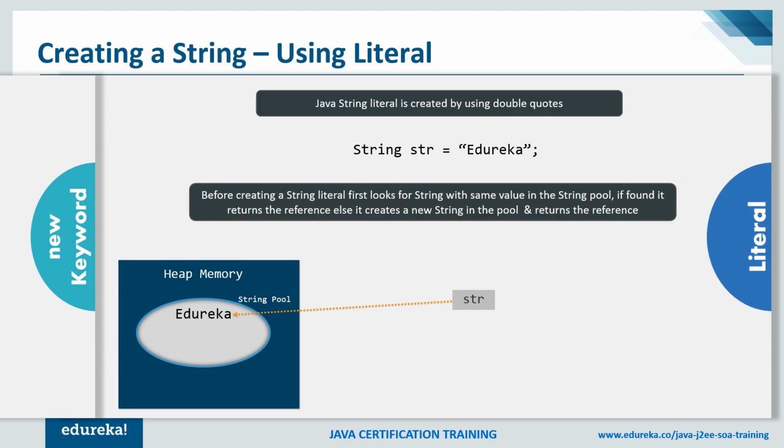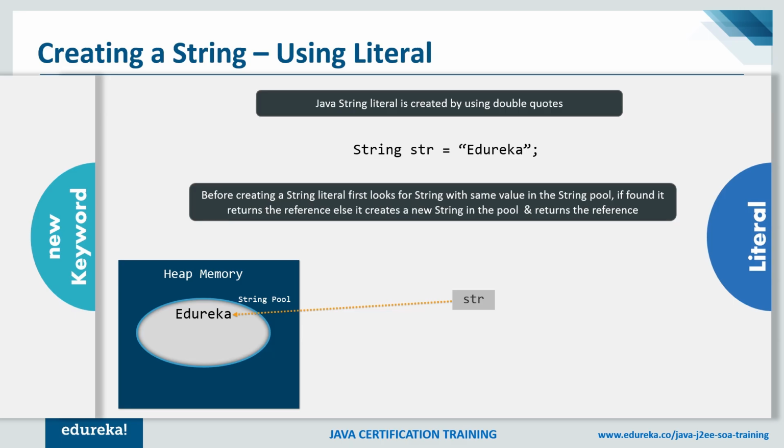Now, in the same way, when we want to create a new string with the same name, let's say I want to write another string, but that will also be Edureka. For that, what happens? Before creating a string literal, first a lookup happens for the value in the string pool. If the same value is already available in the string pool, a new string will not be created, rather the reference of that string will be returned.